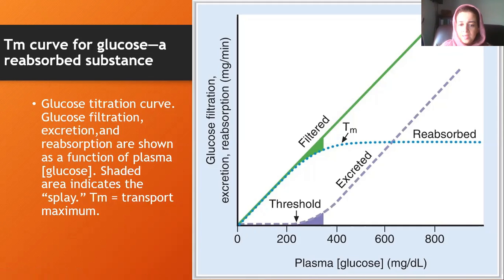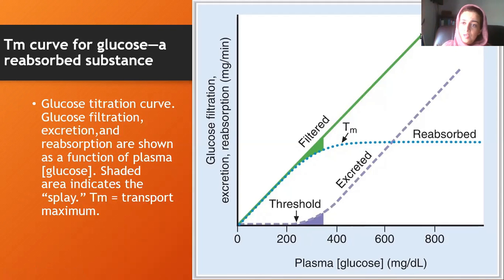There is zero excretion in the urine. Then you can see that beyond about 210, the excretion rate in the urine starts rising, first slowly, and then after about 350 milligram per deciliter of blood sugar level, there is a steady increase in the rate of excretion.